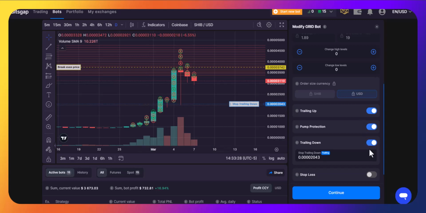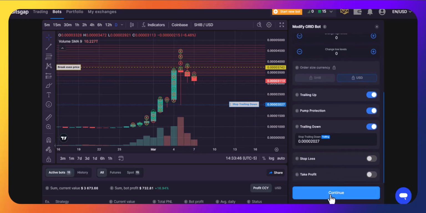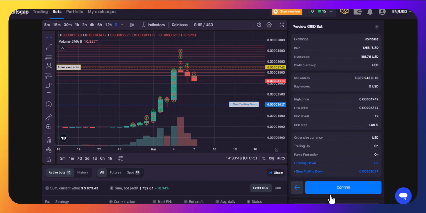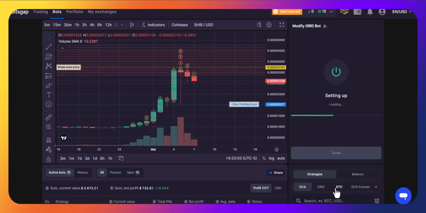So what we can do is trail down to 2043 that we have there, or we can line it up manually and say 2027. That we are willing to trail all the way down to this level. Then we hit continue, and then we hit confirm.